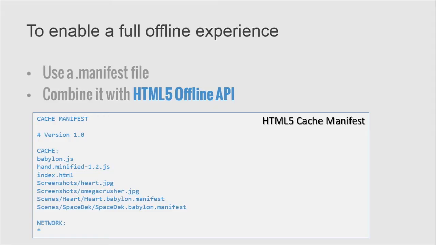Now to enable offline, you need to create a real HTML manifest file, which has a specific way to be written, like we can see here. You need to start with cache manifest, specifying the version. You need to specify the files you'd like to cache through the browser system. So this is our engine itself, the HTML5, CSS, and various images you're using.